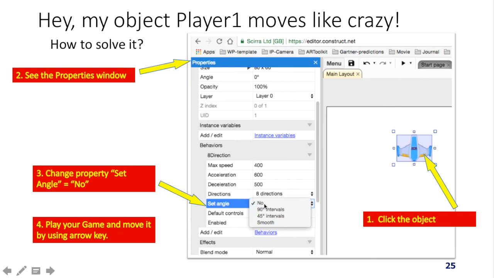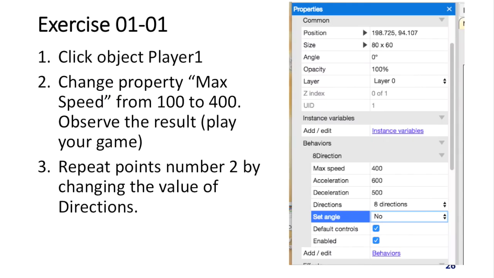Okay, after you try it, I give you an exercise. Try to change the property of the 8 direction behavior. You change the property maximum speed from 100 to 400, and you play your game and observe the result. What's the difference?